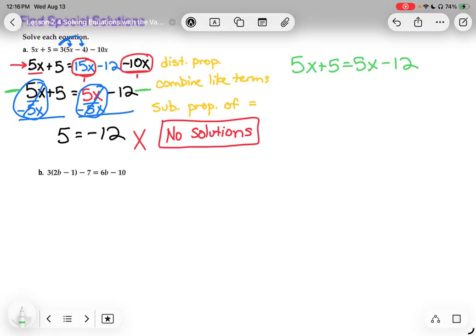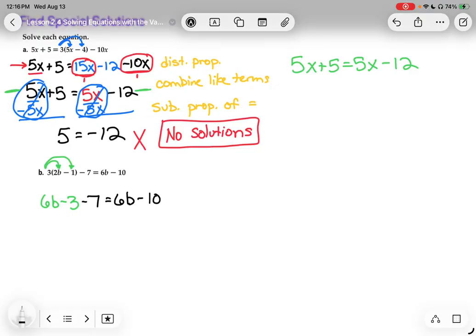Let's take a look at the next one. Similar to the last one, the right side doesn't have anything for us to do. It's just 6b minus 10. But we can do the distributive property over here on the left. 3 times 2b is 6b, and already your spidey sense should be tingling because we now have 6b on both sides of the equation. This is minus 7 equals 6b minus 10.